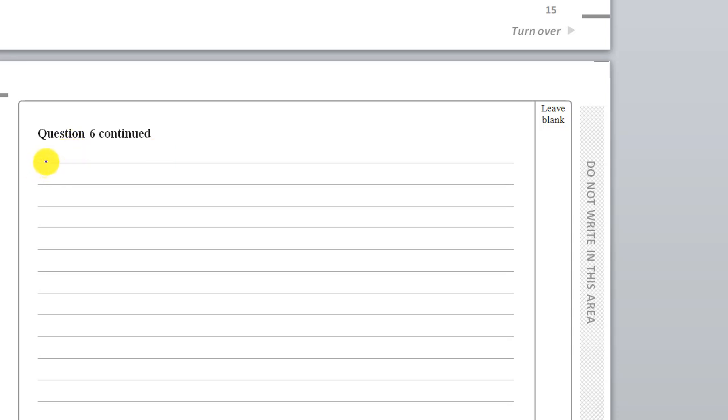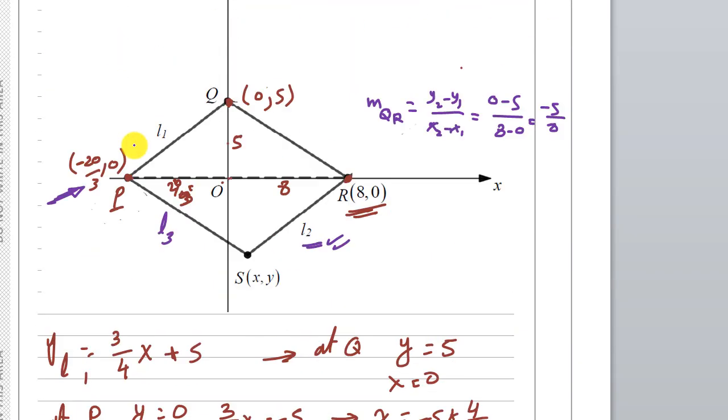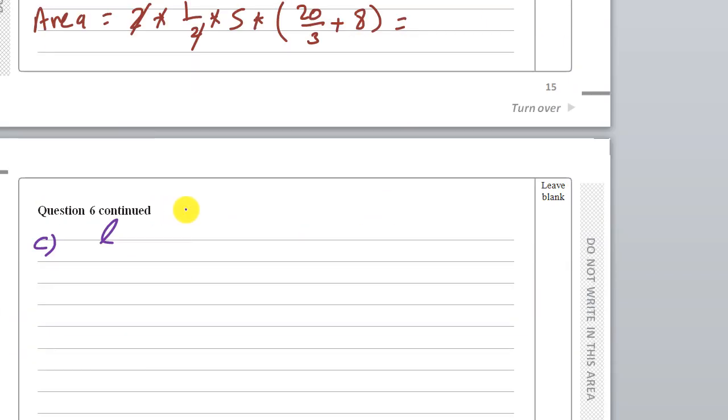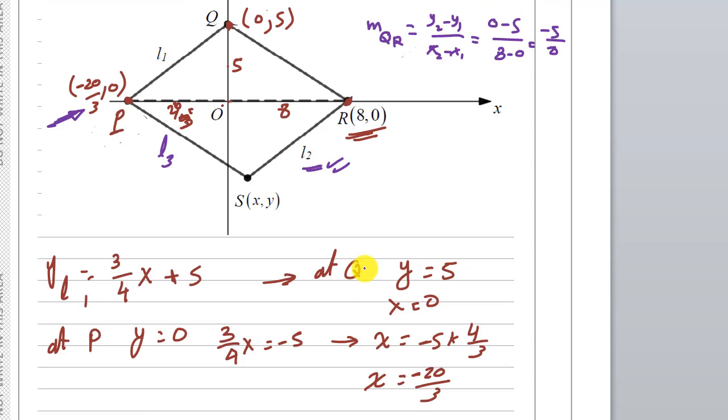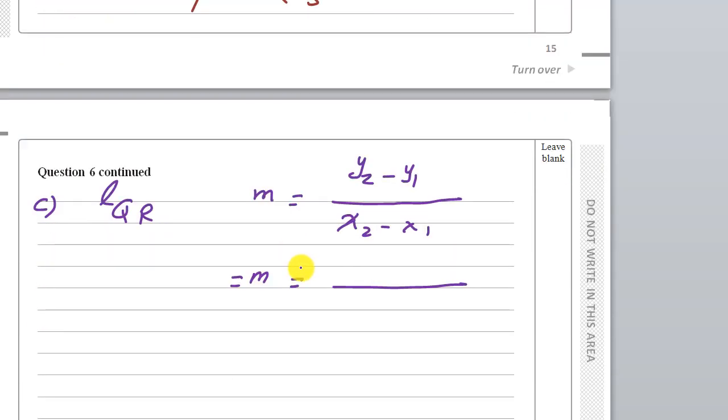This is part C. Now, the line QR, gradient m is equal to y2 minus y1 divided by x2 minus x1. So gradient m is equal to 0 minus 5 divided by 8 minus 0.